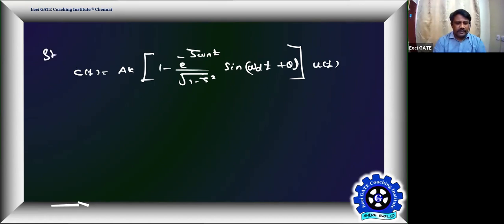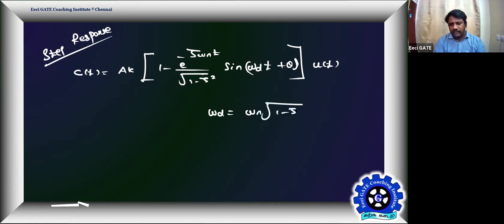That's your step response of a standard second order system, where omega d is omega n into root of 1 minus zeta square radian per second, and theta equals cos inverse of zeta in degrees.